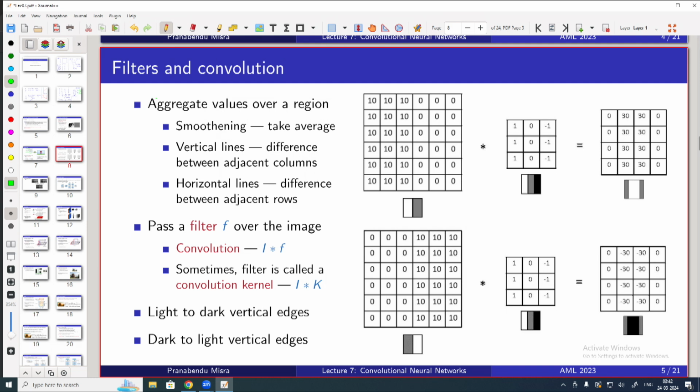Let us interpret positive values as white, 0 as gray, and negative values as dark. This matrix is sort of the opposite of that pattern, because this was white gray, and this is gray white, or white gray dark. It is like the opposite of that.